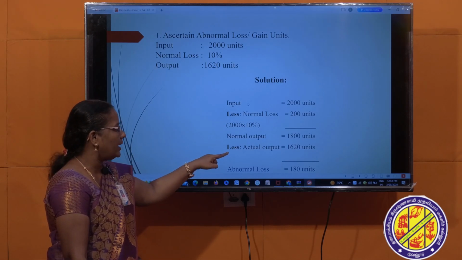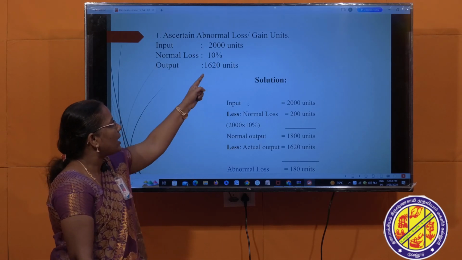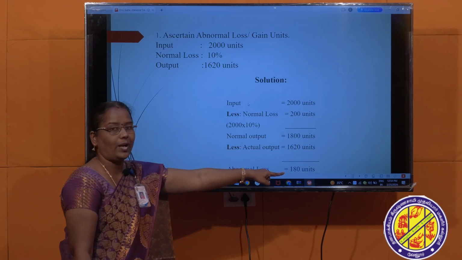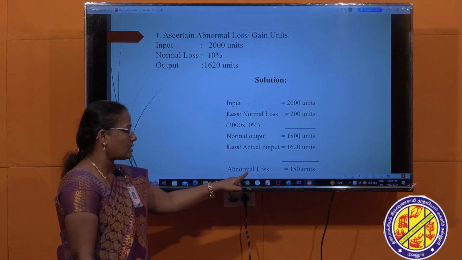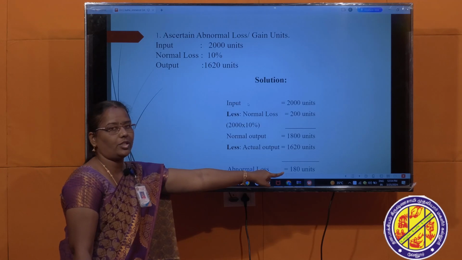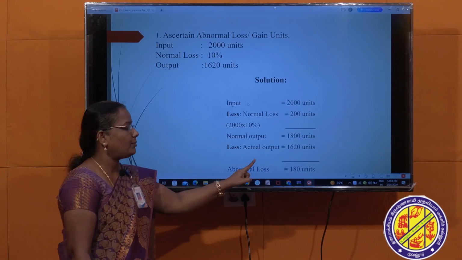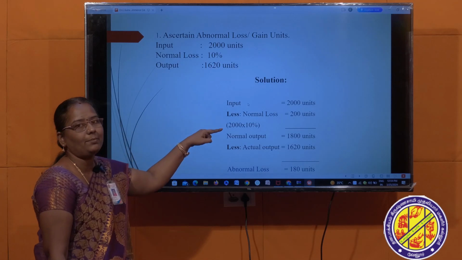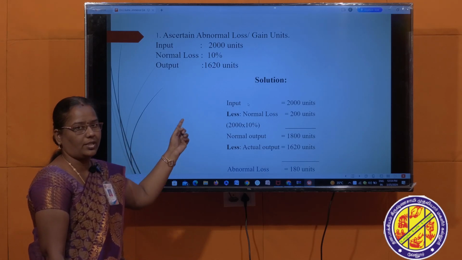After that we have to take less actual output. Here actual output is 1620 units. So, less means we get 180 units, which is the abnormal loss. If it is a positive answer it is abnormal loss, if it is a negative answer it is abnormal gain. So, this is the 2 mark sum which is given in process costing.